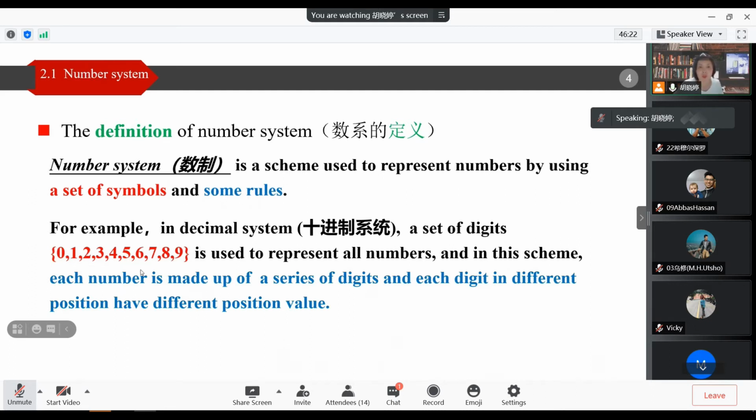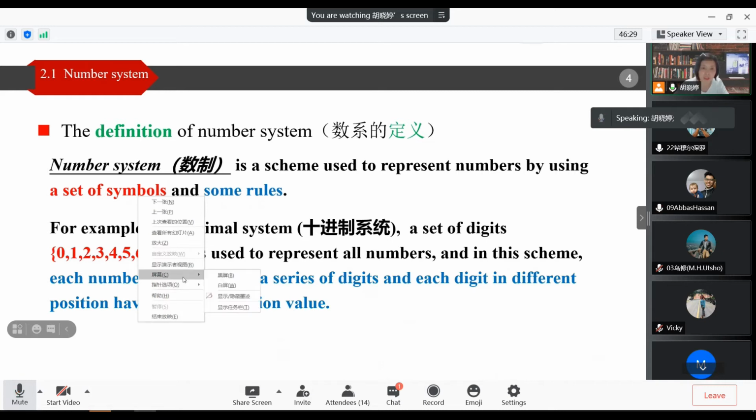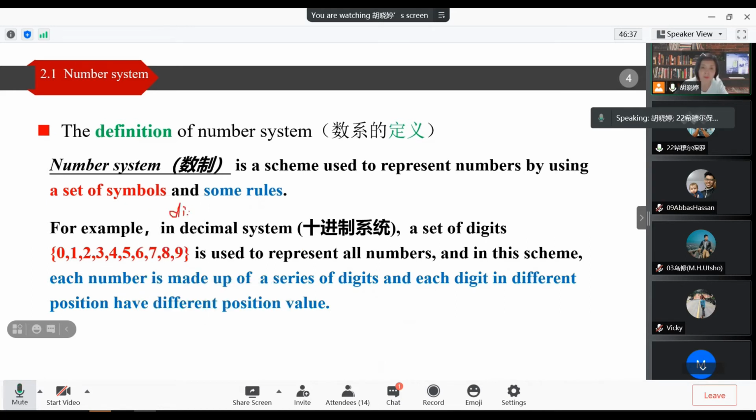These 10 symbols are also called digits. Do you remember that digit concept? Every number system has a set of digits. Like the binary system has a set of digits, 0 and 1. Yes, you're right. Different number systems have different digits.